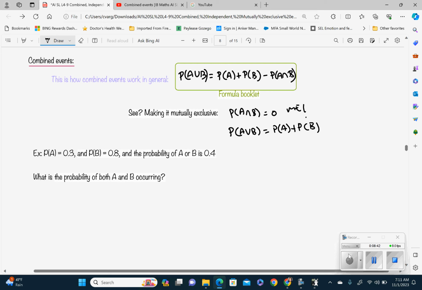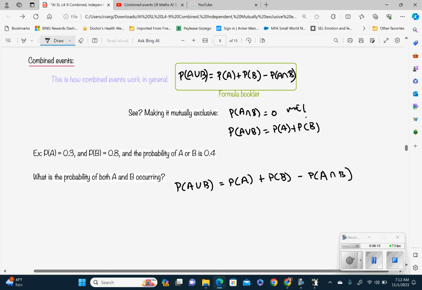So we're going to do an actual problem. So we have probability of A, probability of B, and the probability of A or B is 0.4. They are not telling us that it is mutually exclusive. So what is the probability of A and B occurring? So the first thing that we're going to do is the probability of A or B is equal to the probability of A plus the probability of B minus the probability of A and B, right?